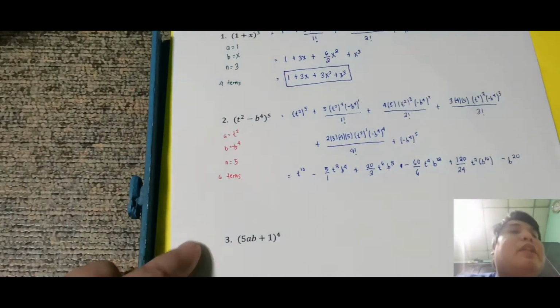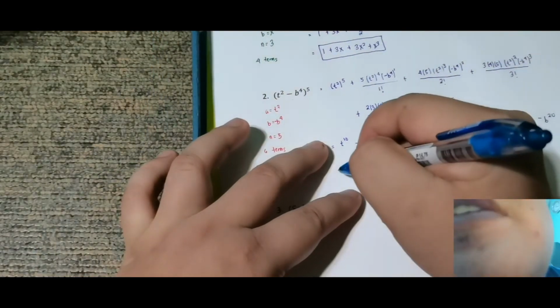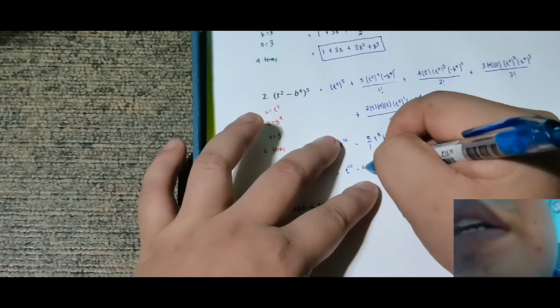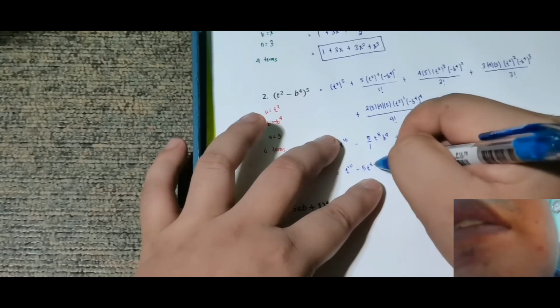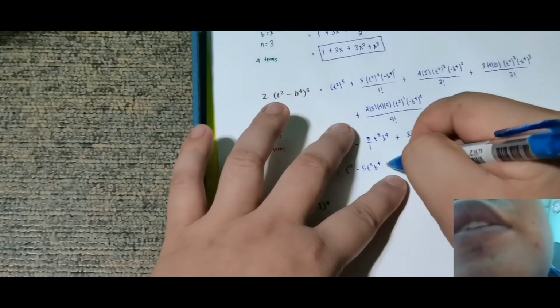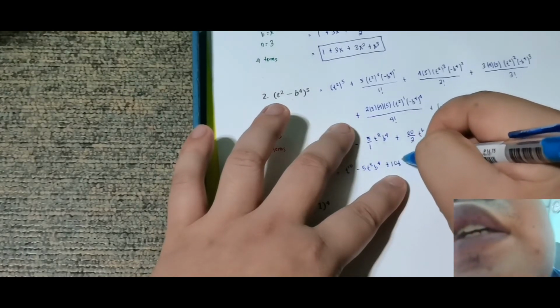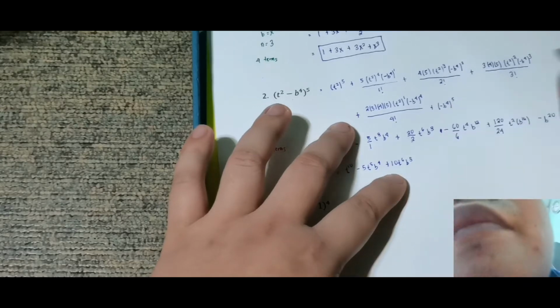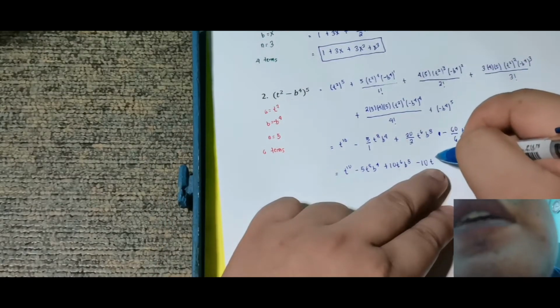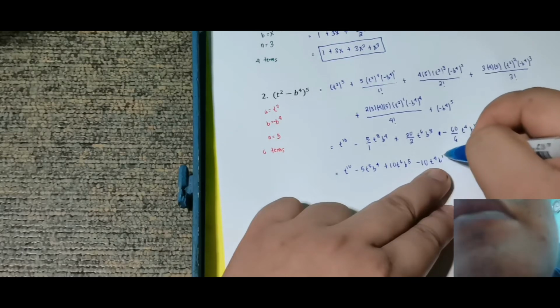Okay, then let's simplify. This is equal to t raised to 10 minus 5 t raised to 8 b raised to 4. 20 divided by 2 is 10, so that is plus 10 t raised to 6 b raised to 8. This is negative 10 again, negative 10 t raised to 4 b raised to 12.